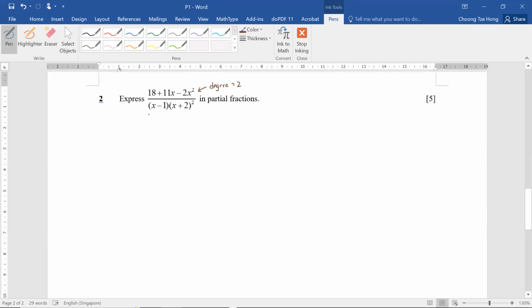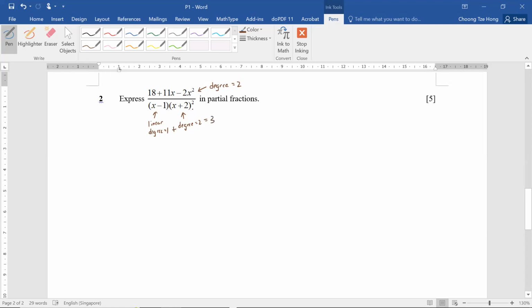Over here we have a linear factor, so this one is degree 1. Then we have a repeated linear factor, that means degree 2. So the total degree is 1 plus 2, which equals 3.